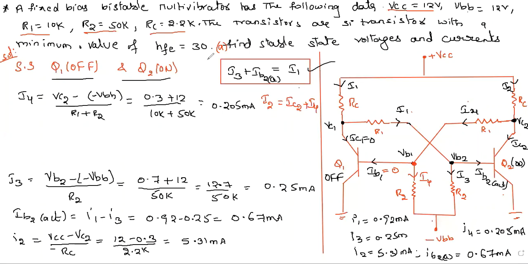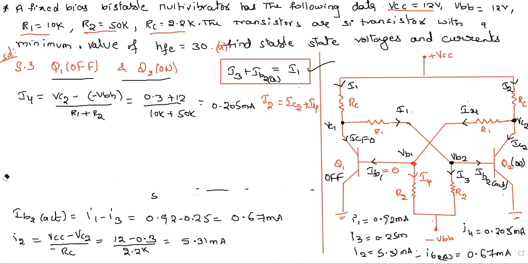As I know the value of I4 and the value of I2, if I apply KCL at node VC2, I2 is entering, and I4 and IC2 are leaving.